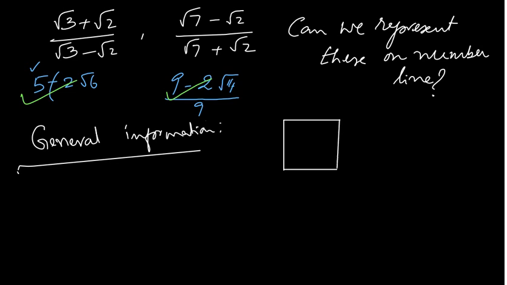So assume this is a square. Let's suppose we have a square here. This is obviously a whole number, or it can be any other number. Generally, whatever we can represent, if not whole, we can probably use a ruler, and then based on that precision, we can write it.